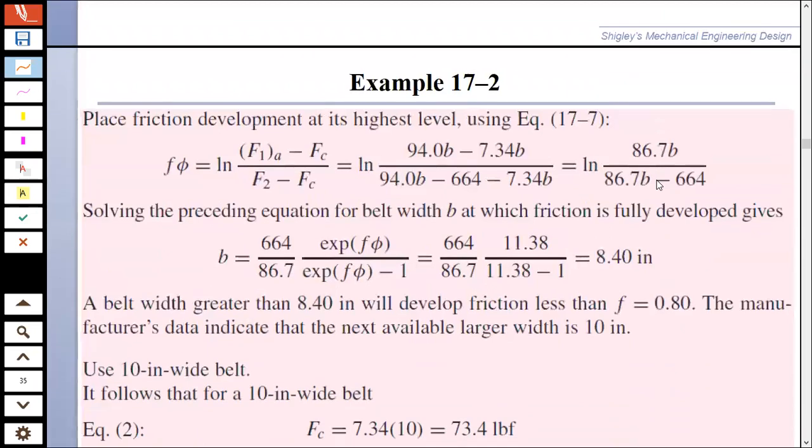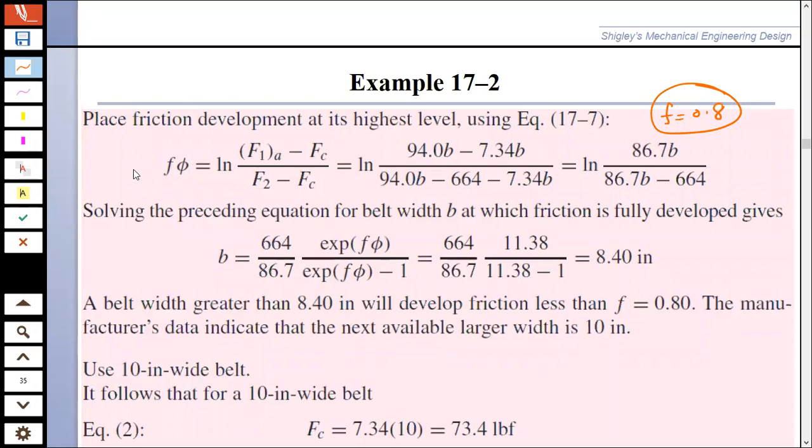if you look at the friction developed here, what are we trying to do over here is, let's say the coefficient of friction value in the table is 0.8, right? And this is the maximum that we can go.